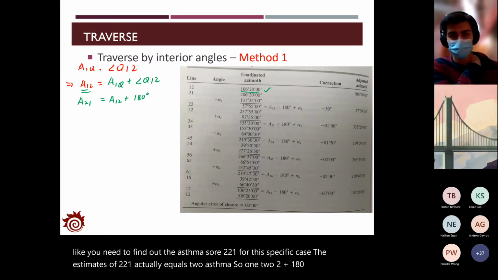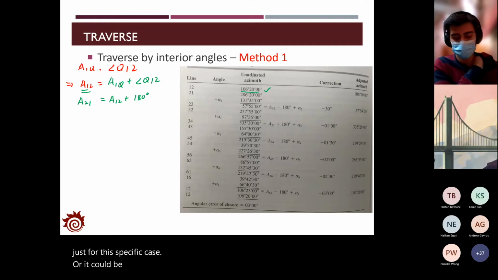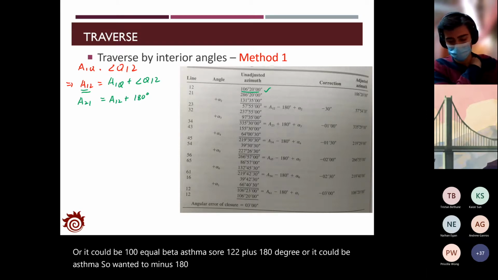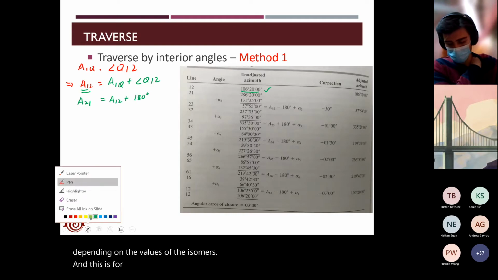But this is just for this specific case. It could be the azimuth of 1 to 2 plus 180 degrees, or it could be the azimuth of 1 to 2 minus 180 degrees, depending on the values of the azimuth. And this is for the first step.